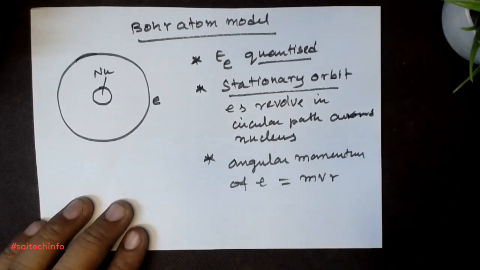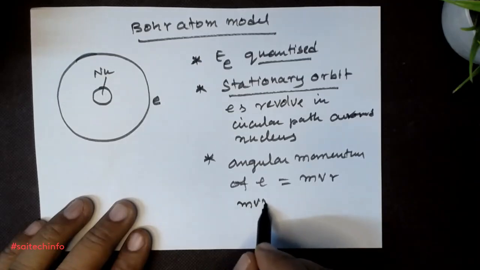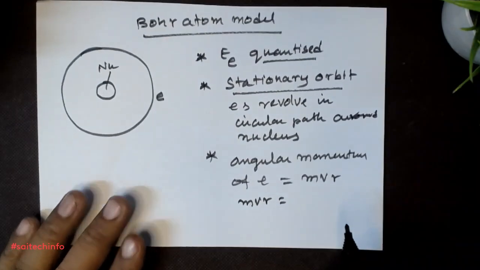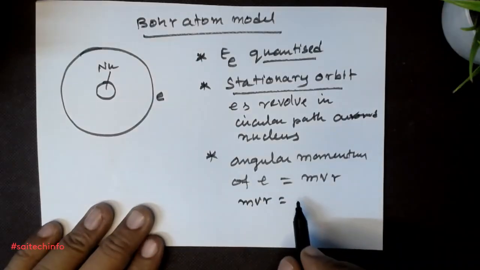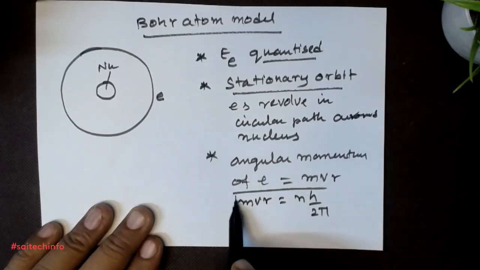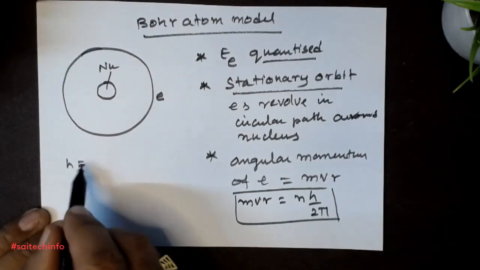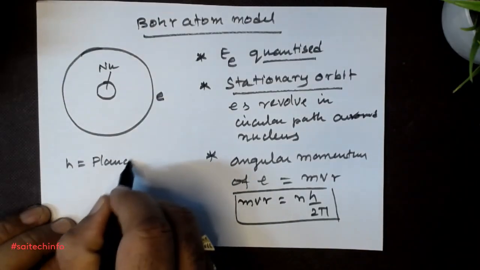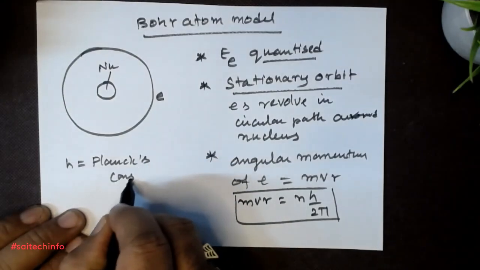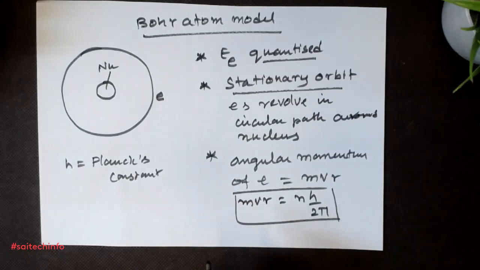So it has different radius, and this mvr is equal to what is called the integral multiples of h by 2 pi, that is nh by 2 pi, where n is the integer 1, 2, 3, 4, etc. and h is called Planck's constant, and of course the pi value you know, 3.14.